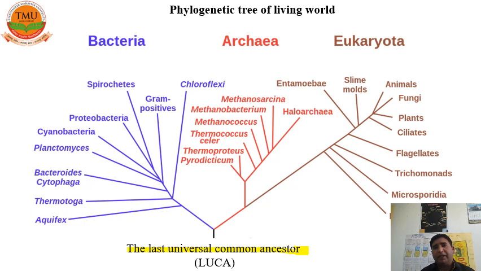We have several characters that match with bacteria, several that match with plants, and many that match with other animals. Therefore, every living being is related to every other living being, and no one is a special creation of nature.